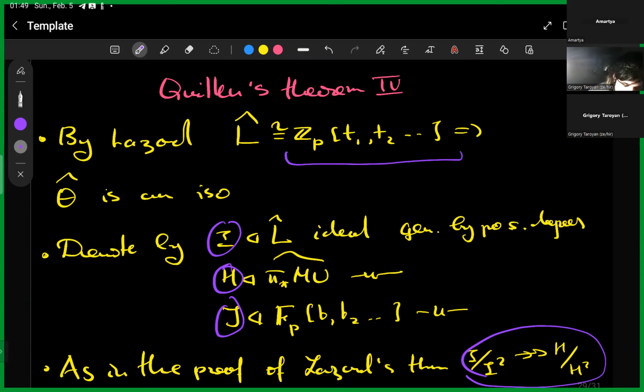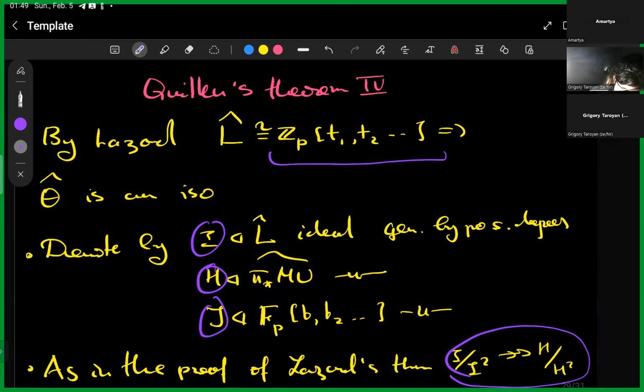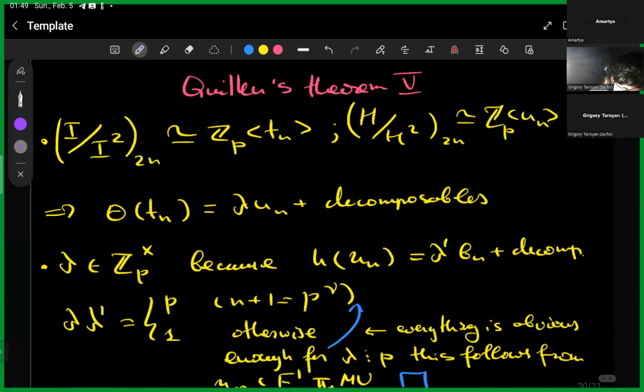Okay, that's great and all, but we also know just by construction that if we take the quotient of the first power of I or H by the second power, we obtain something that is spanned as a linear space or a module by the generators.